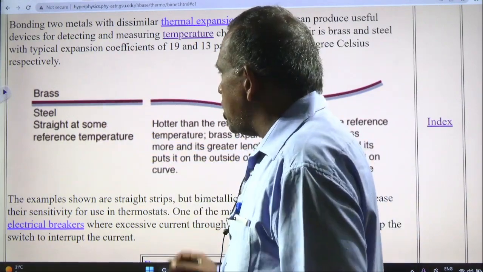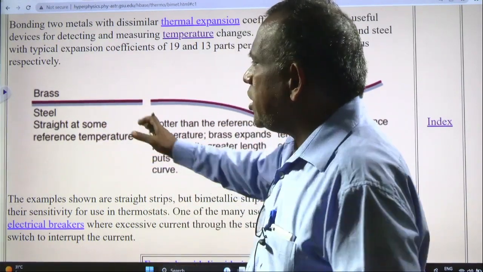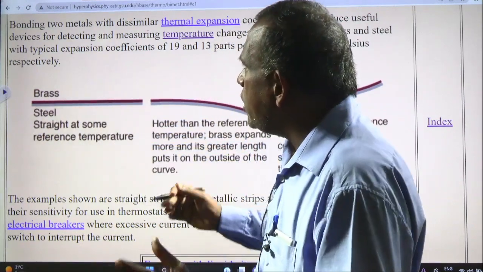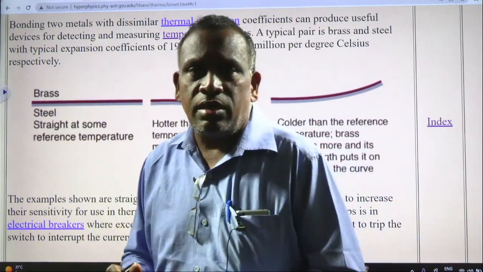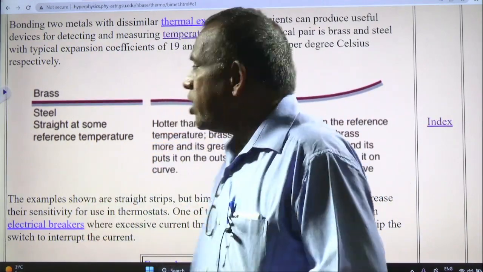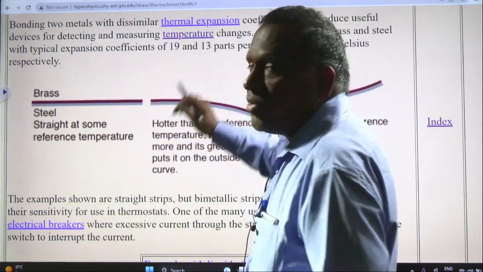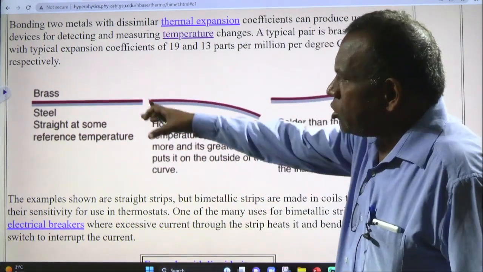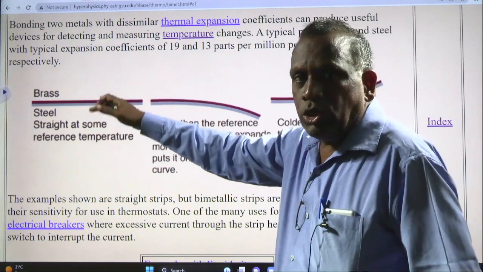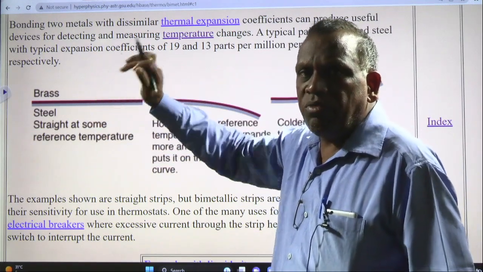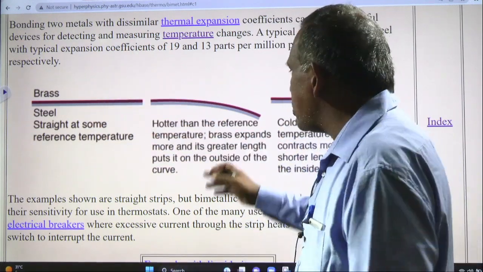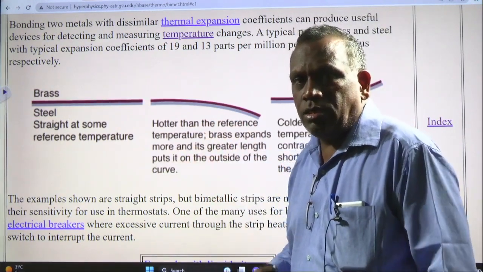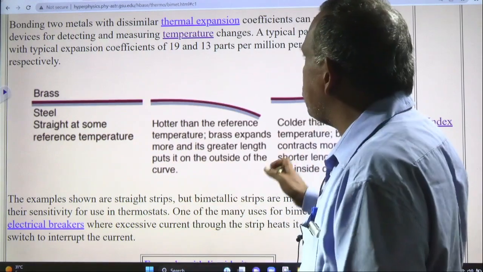These two materials have the same length and are joined together, bonding the two metals with dissimilar coefficients of linear expansion. If you start heating them combined, the different materials expand differently. Brass will expand differently and steel will expand differently. There will be a certain change in the length.